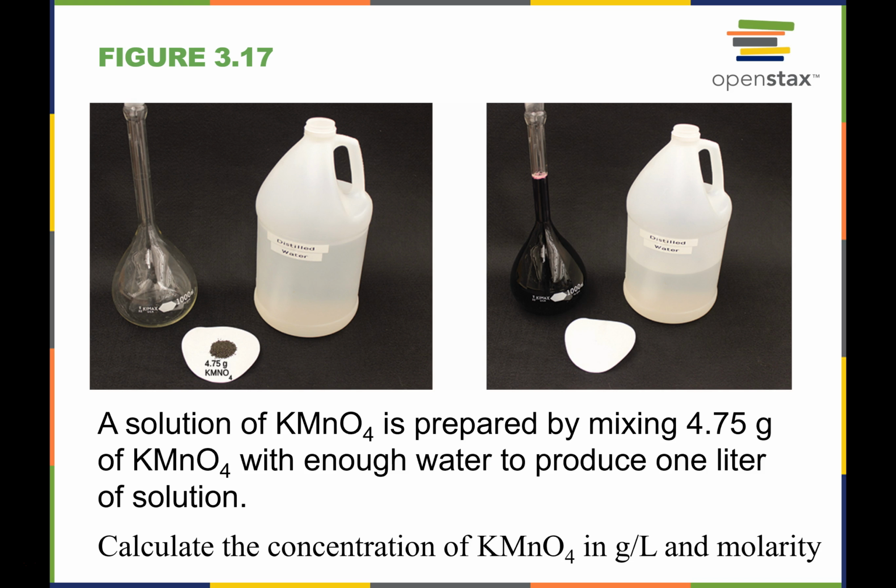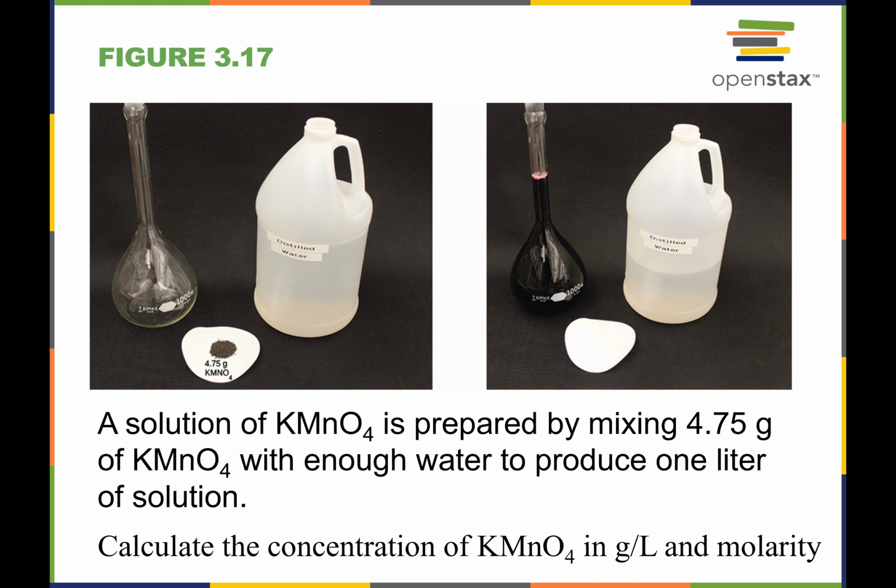Now for the other one, we'd have to come up with the MM, meaning molar mass of KMnO4, and then we could piggyback on this one if we wanted to, like we did before, 4.75 grams per liter to get to molarity.